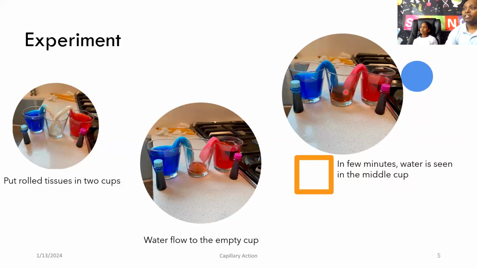So this follows the theory that we talked about, capillary action, water flowing from one cup into another cup slowly using this capillary action. So I'm sure that while doing it, we'll get clarity. But this is just to show what we want and how we are going to do it.